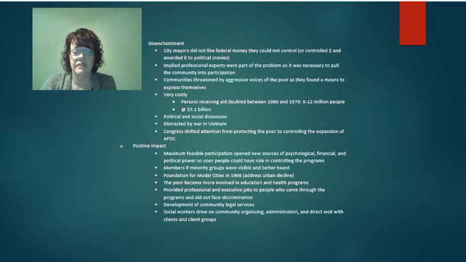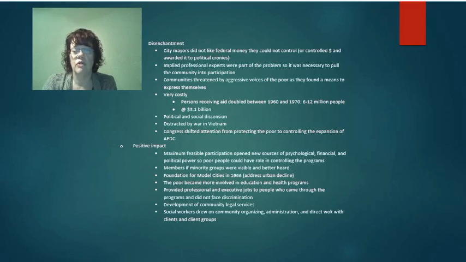It did have positive impacts. Maximum feasible participation opened a new source of psychological, financial, and political power so poor people could have a role in controlling the programs. Members of a minority group were visible and better heard. Foundations for Model Cities in 1966, which began to address urban decline.